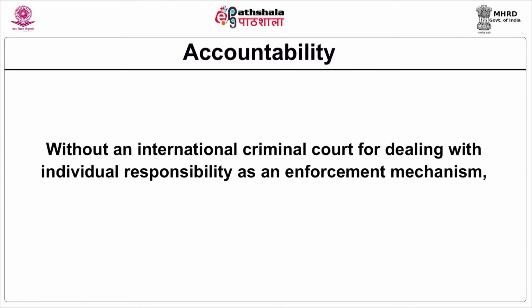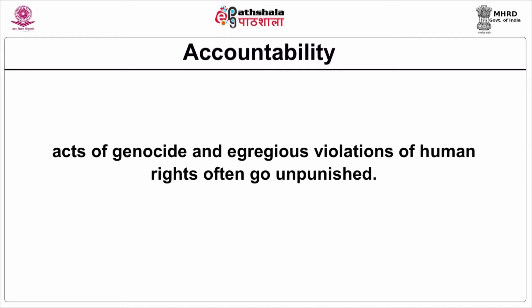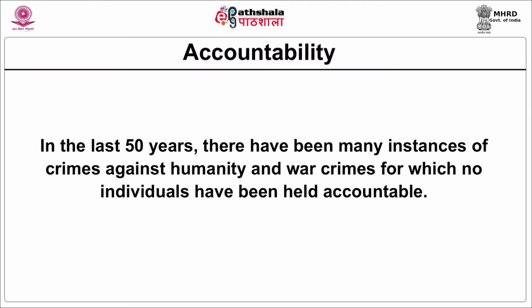Without an international criminal court for dealing with individual responsibility as an enforcement mechanism, acts of genocide and egregious violations of human rights often go unpunished. In the last 50 years, there have been many instances of crimes against humanity and war crimes for which no individuals have been held criminally accountable.